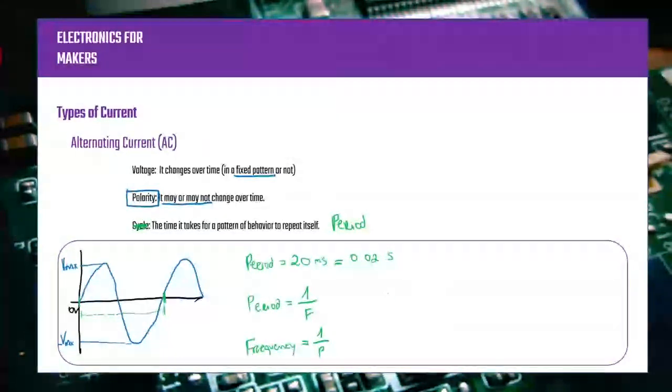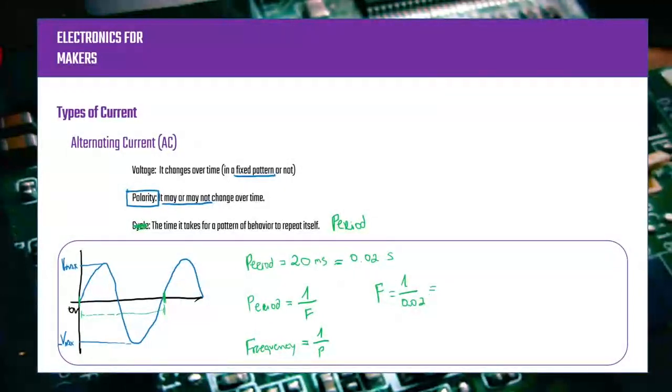So it's a really simple calculation. All we need to do to learn the frequency is 1 over 0.02. You can put it in your calculator if you want.